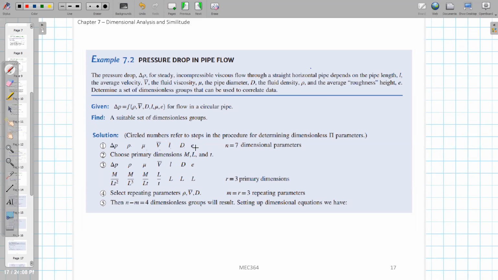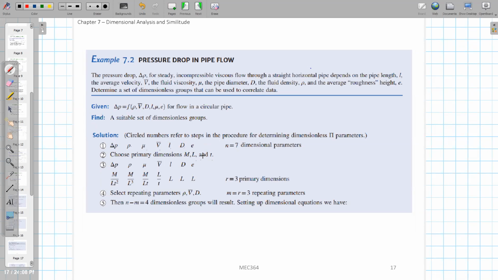Then step two, we choose the fundamental physical dimensions. It doesn't involve temperature, so we just select the mass, the length, and time, MLT. For this one, n equals 7 and r equals 3, so we will find 7 minus 3, 4 dimensionless parameters for the problem.